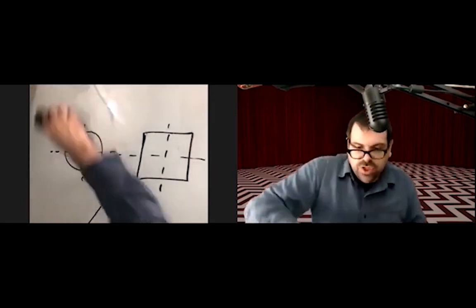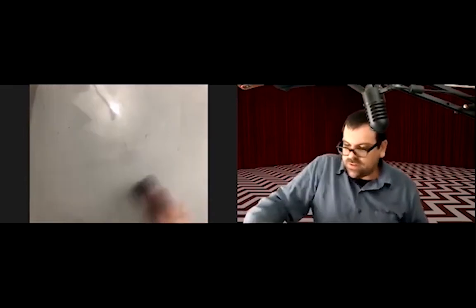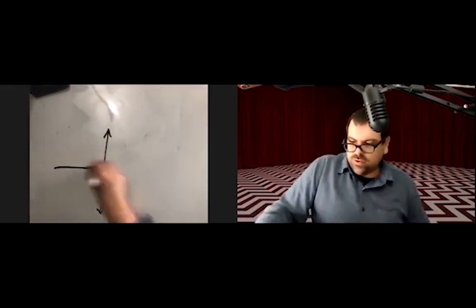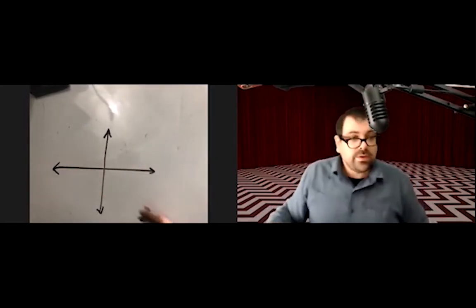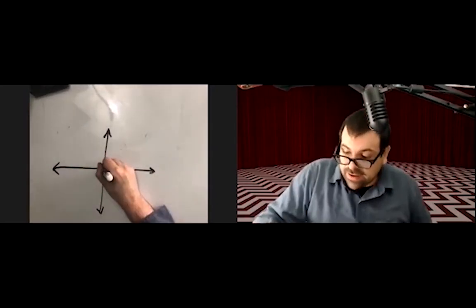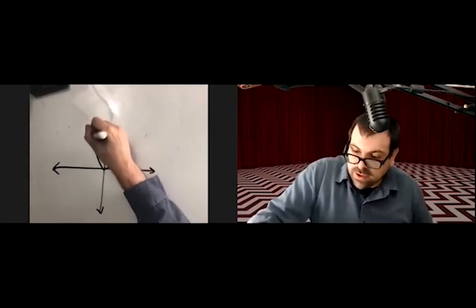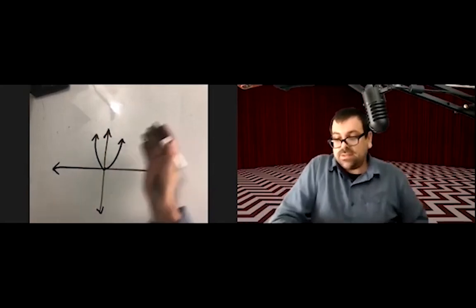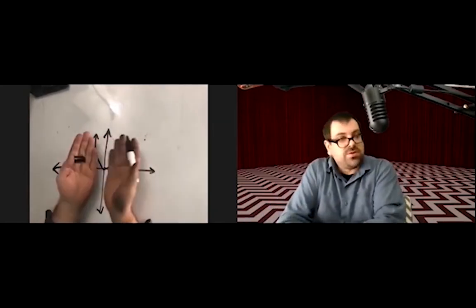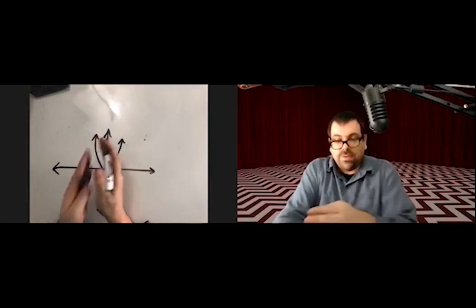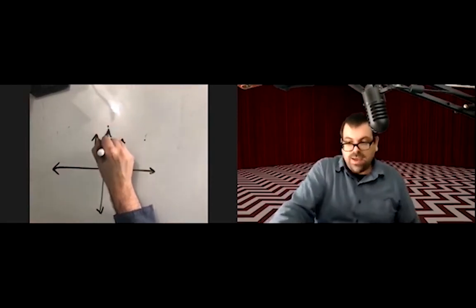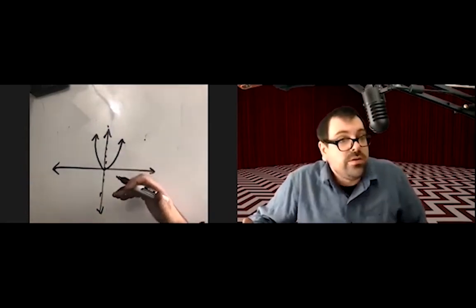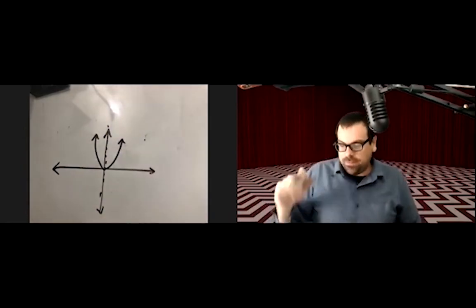Instead of doing it with just shapes, we're going to do it with graphs. So we'll have our graph, and let's say we have a parabola. A parabola has vertical symmetry. If we imagine putting a line down the center and folding it over, it would match up with itself.